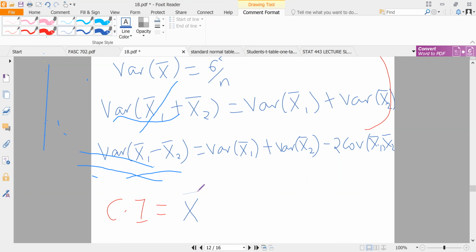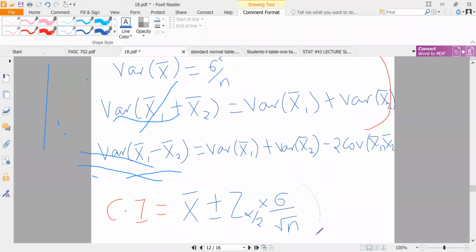X bar plus or minus Z at alpha over 2, because the Z value is read at the tails, the 2 tails. Alpha over 2 is because of the 2 tails. And then we multiply this by sigma over root n.